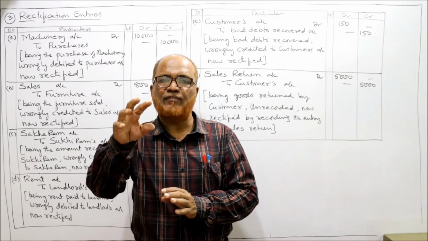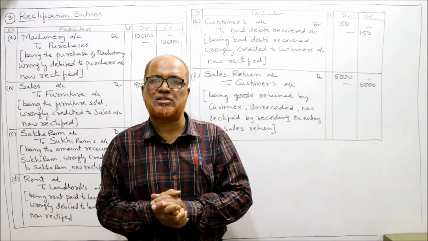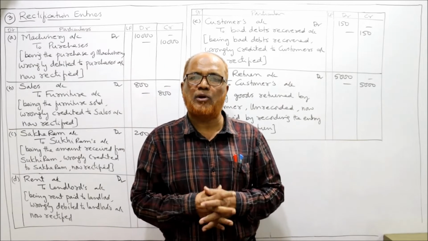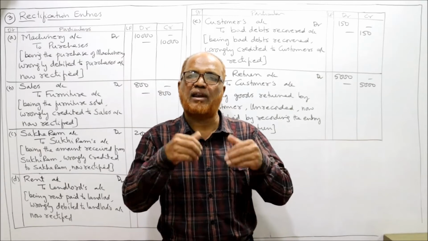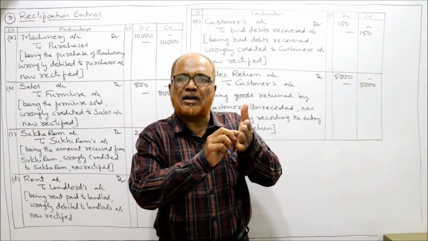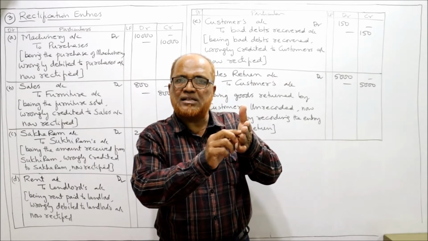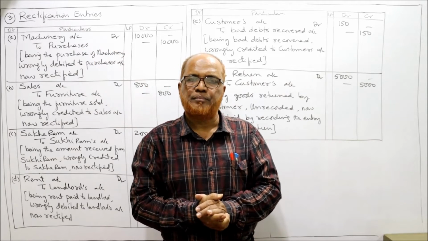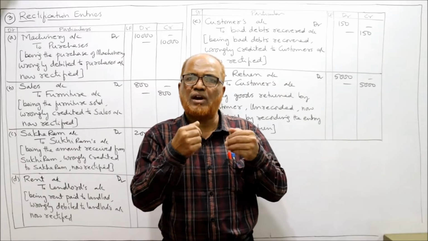So earlier 150 rupees was written off as bad debts. For example, Mr. X is the customer. We know that we cannot get the money from Mr. X, so we will write it off as bad debts. So we have written the entry bad debts account debit to Mr. X account. By passing this entry, X's account is removed from our books because we have written it off as bad.